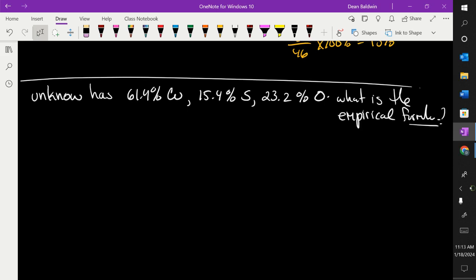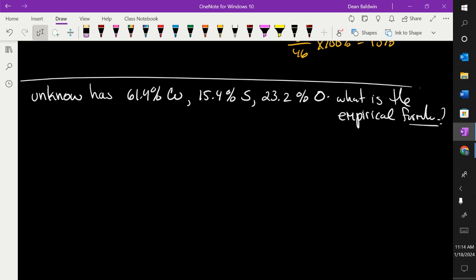You're close. That is kind of the first step, but there's one other thing you have to do first before you do that. You're going to make them numbers. What does percent mean? Per 100. So you're going to make them out of 100 grams of substance.